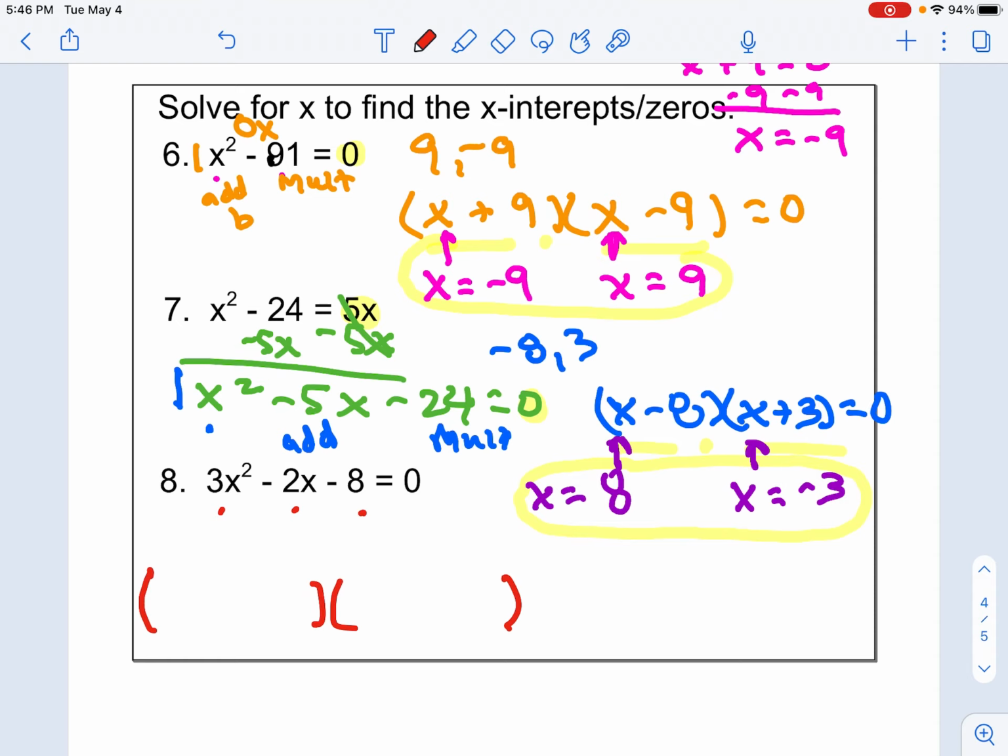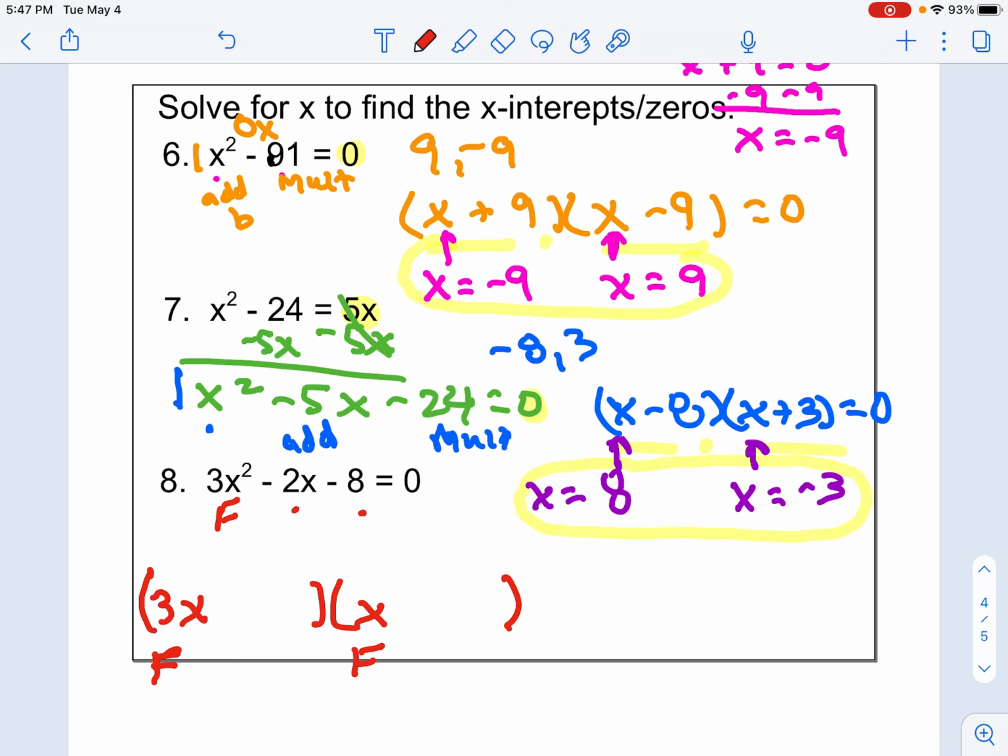But when you use guess and check, it helps you understand that whenever you multiply the first term times the first term, it always has to equal that first term in the trinomial, or 3x squared. Well, the only way for me to get 3x squared is not if I have x times x, but if I have 3x times x. So I know that that's going to be the case.